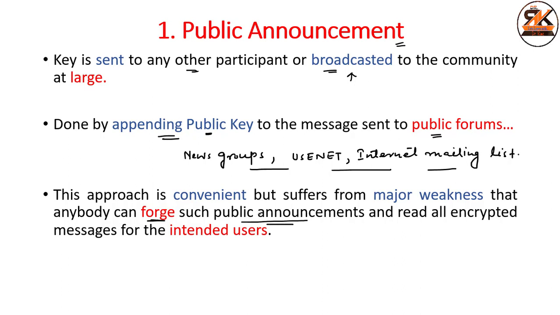They can modify them, and they can read all the encrypted messages that are meant for the intended users, because they can forge the public keys also. That is the biggest weakness, or limitation, of the public announcement approach. So I don't think it is a preferred way of sharing the public key.